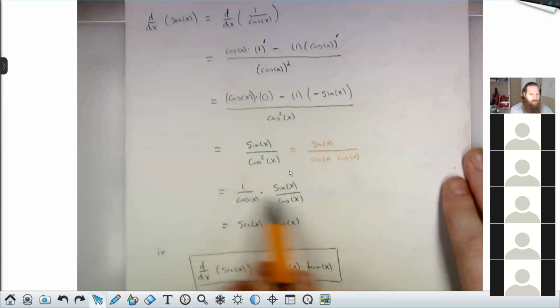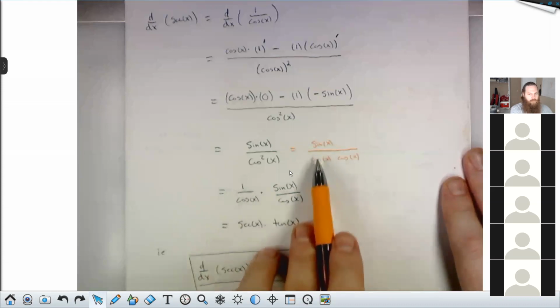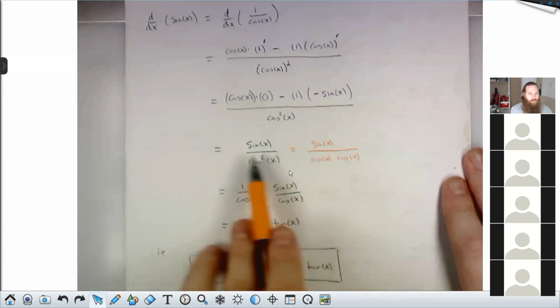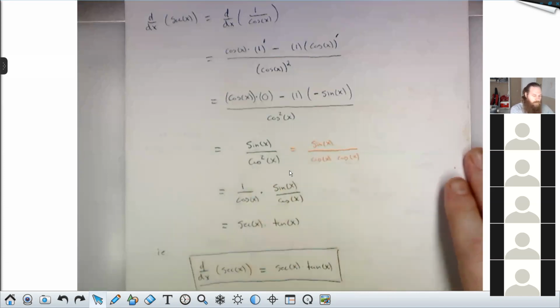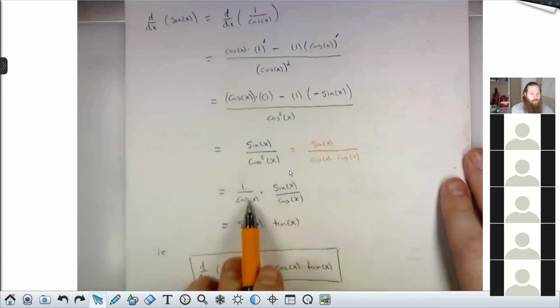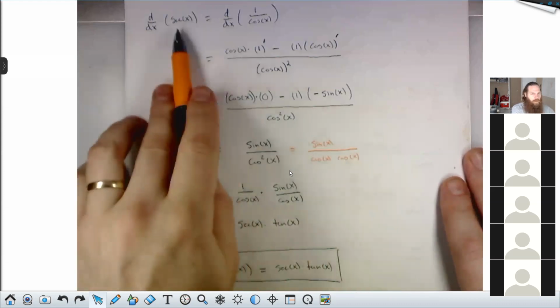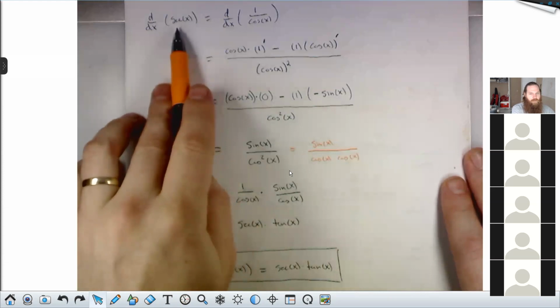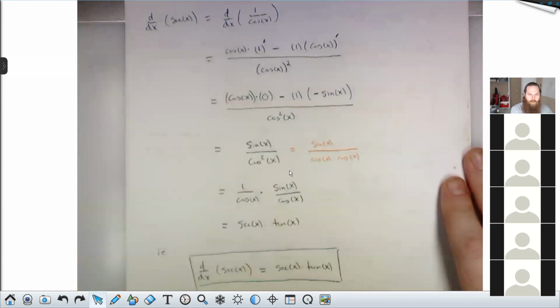If you multiply these two fractions straight across, you get 1 times sine over cosine times cosine, which is sine x over cos x times cos x, which is what we had here. So I just chose to pull one of these cosines off and write it as 1 over cosine because I was asked to find the derivative of secant. I would like to write it as nicely as I possibly can.